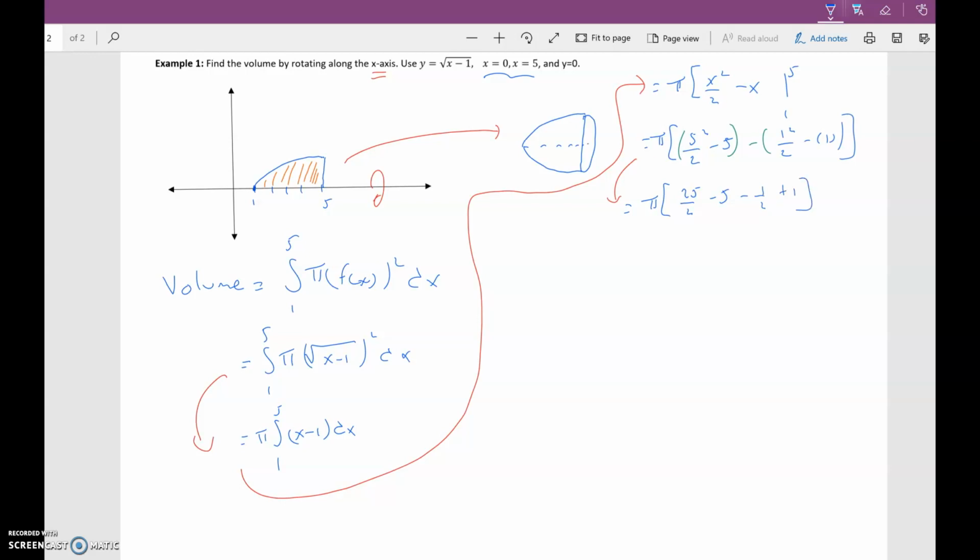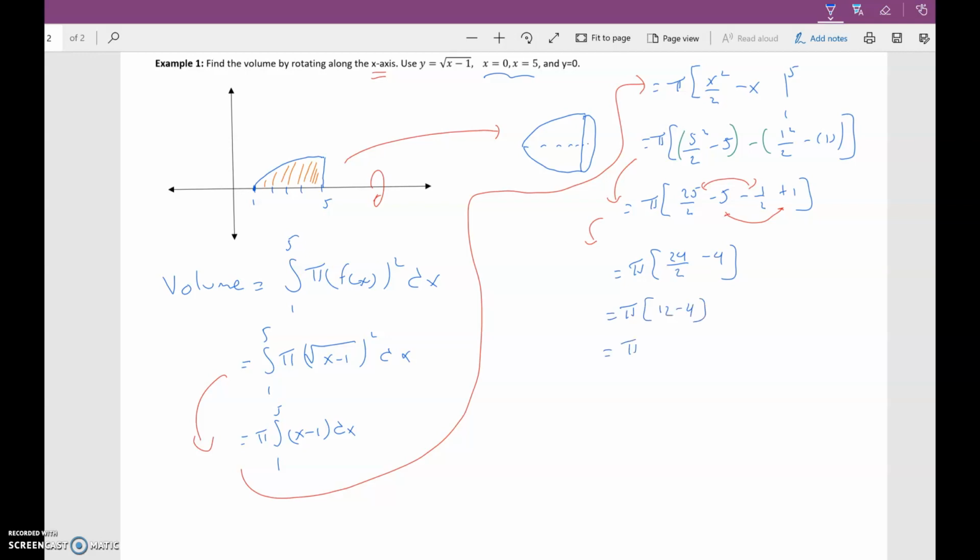Let me combine these so we can put these two together and those two together. So we're looking at pi times 25 halves minus 1 half, which is 24 halves, minus 4. So I'm getting pi times 12 minus 4.